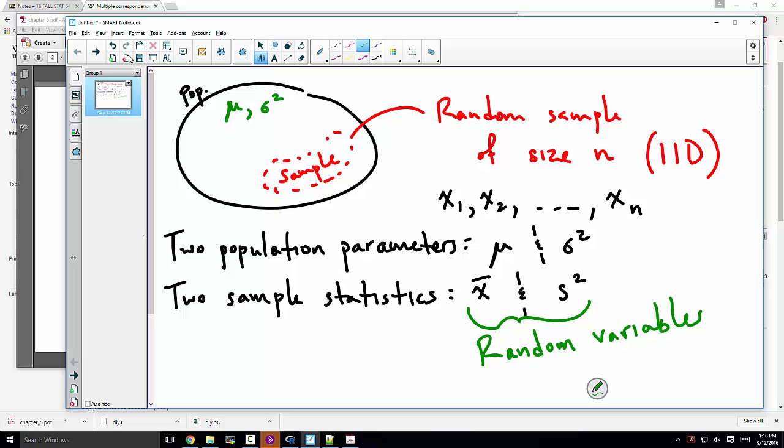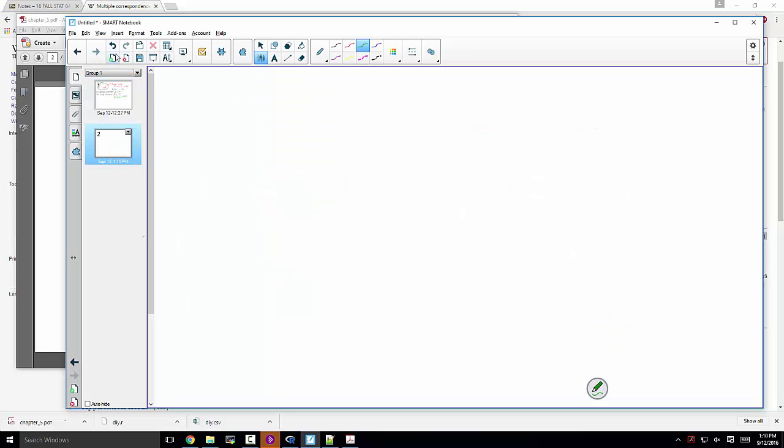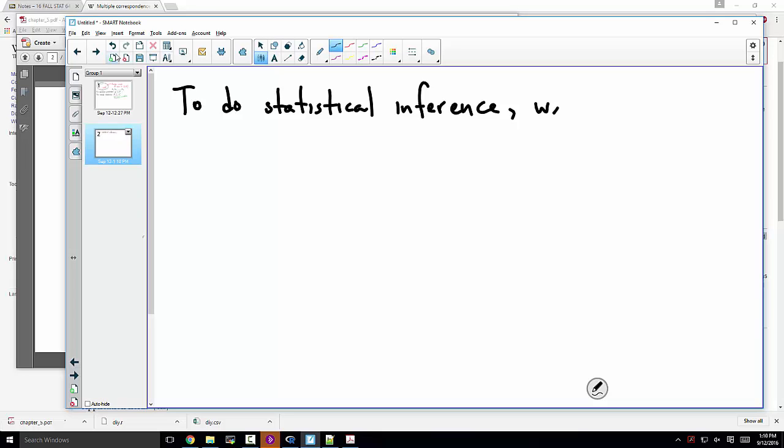So the way that we do statistical inference, we require knowledge of the distribution of our statistics. Suppose we want to do inference on mu, the population mean.